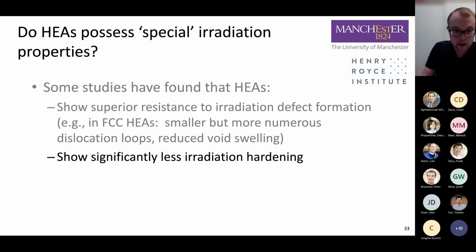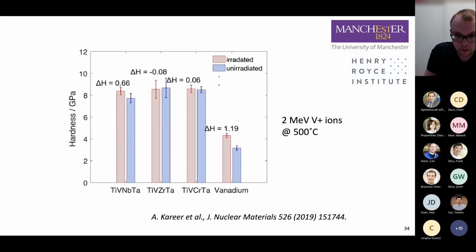Other things, we found that some high-entropy alloys undergo significantly less irradiation hardening, so the hardening from all the defects that are formed. For instance, this is the irradiated versus the unirradiated state here. We can see that there's an increase in vanadium, but less of an increase in some of these concentrated alloys.